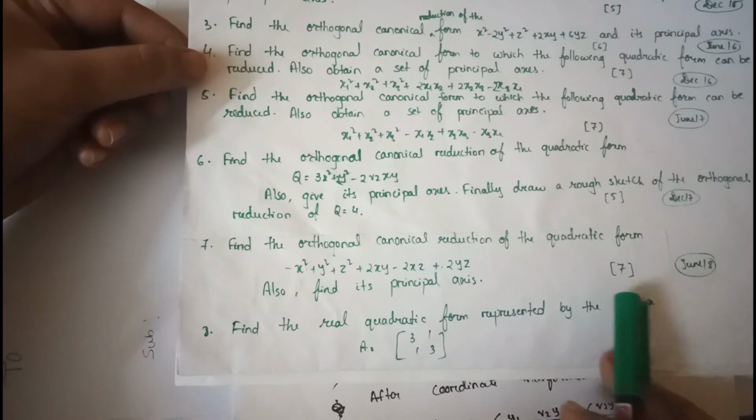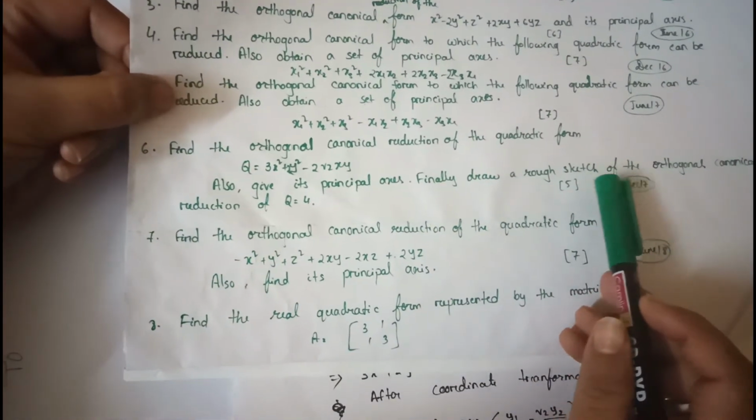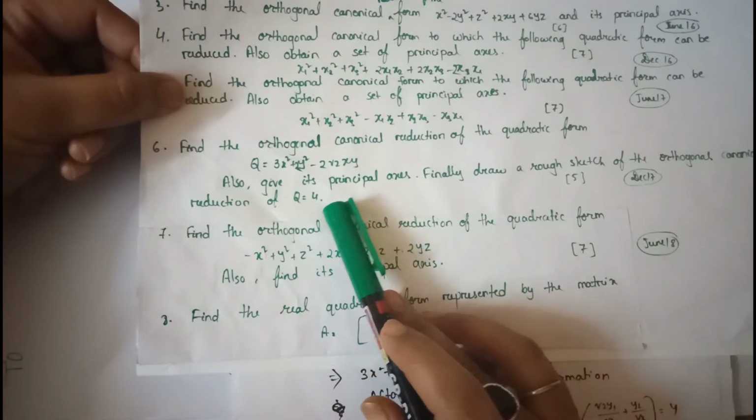One more thing is there. Finally, draw a rough sketch of the orthogonal canonical reduction of Q equals 4.